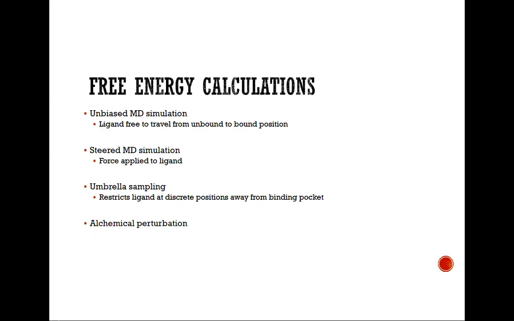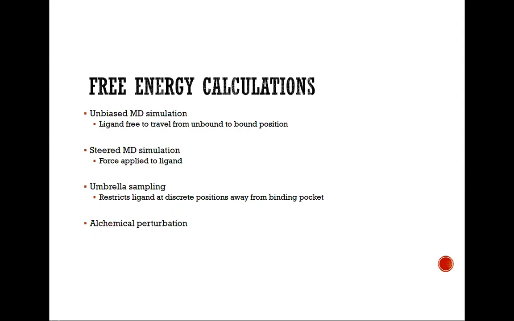So they go over multiple types of free energy calculations. An unbiased simulation is where you just allow the ligand to freely travel from an unbound to a bound position. And that takes forever. It takes a lot of computational time. So they use a steered MD simulation, which is where they use a force to pull the ligand away from the binding pocket.